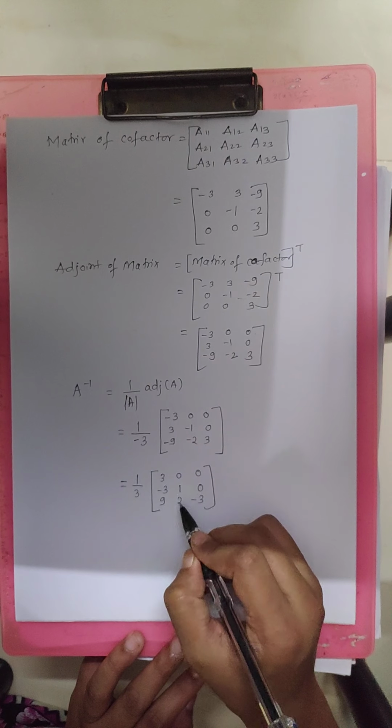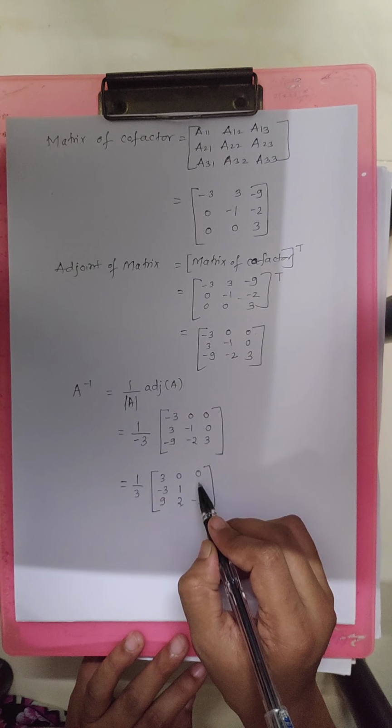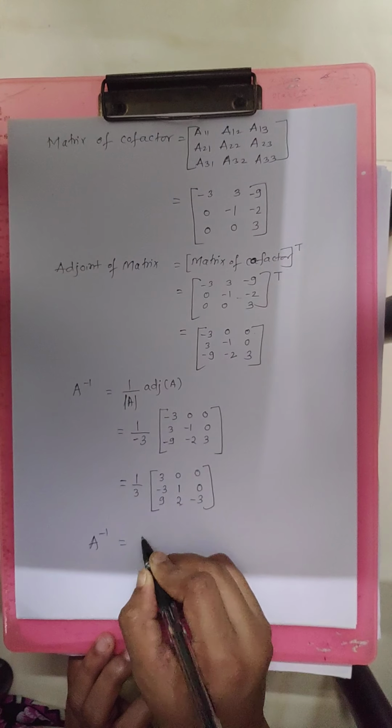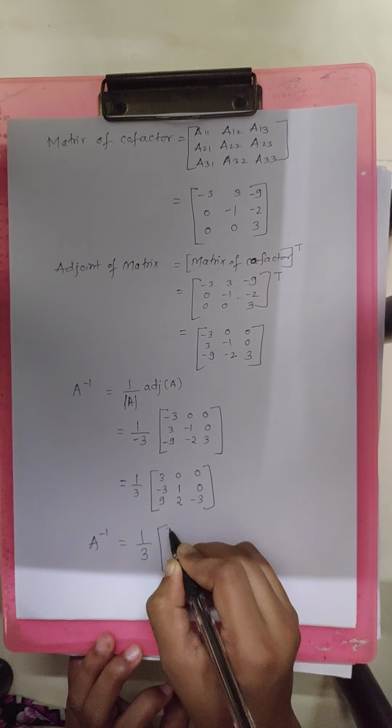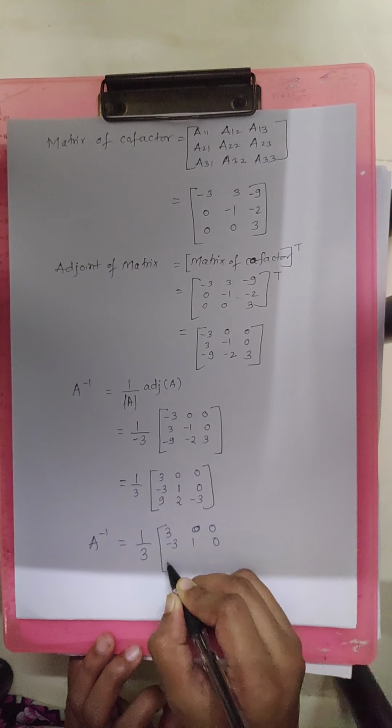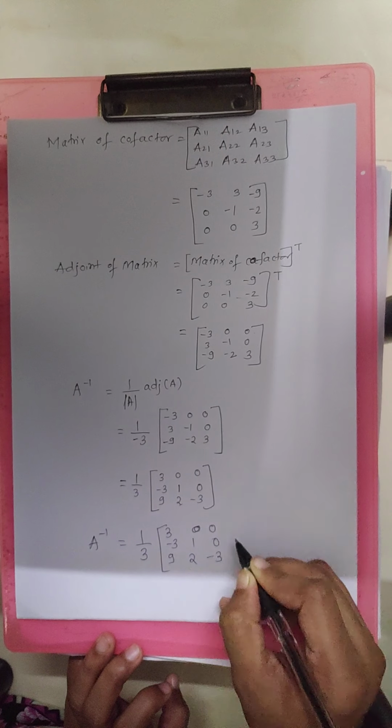So I am not distributing here. Otherwise, if all the terms are divisible by 3, you can just distribute it here. So for A inverse we got 1/3 times 3, 0, 0, minus 3, 1, 0, 9, 2, minus 3.